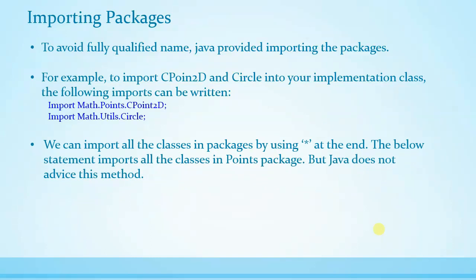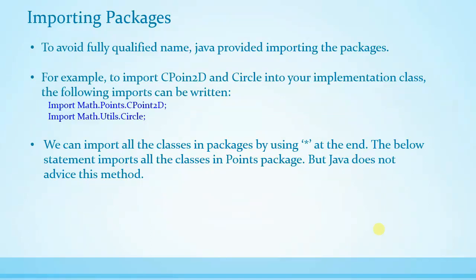We can import all classes in a package using the asterisk at the end. For example, in the previous statement, math.points, instead of c.2d, you can place a star. That means all classes defined inside the points package are available to you, so c.2d as well as c.3d are both available.